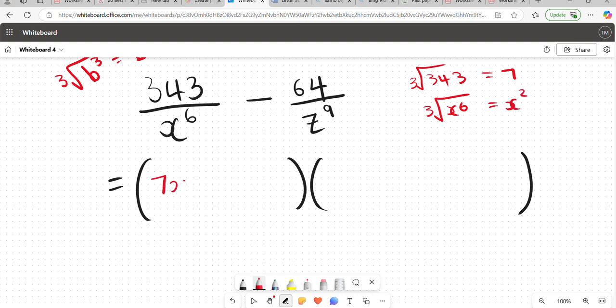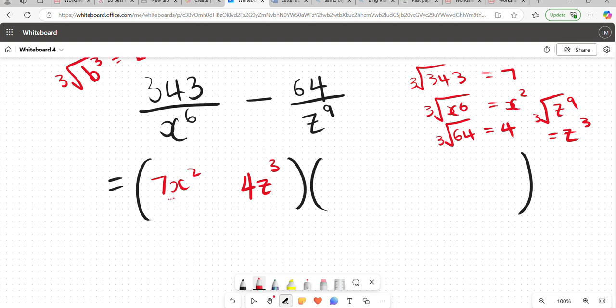So this is a 7x squared. The same with the second one there. The cube root of 64 is 4. And lastly, the cube root of z to the 9 is z to the 3. So this is actually 4z to the 3.